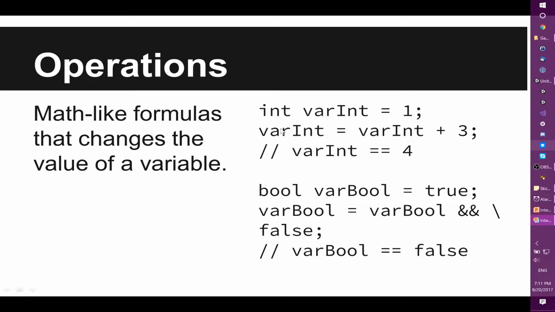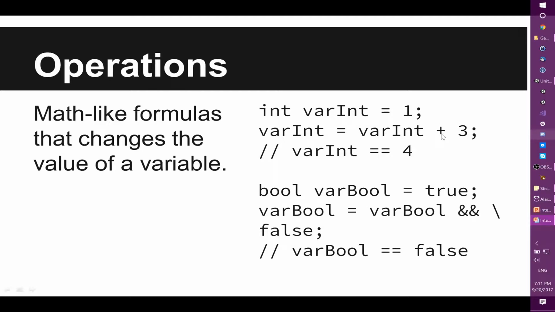In this case, I'm demonstrating by saying var int. We're declaring var int starting value as 1. And then we can say var int equals var int plus 3. A lot of mathematicians will laugh at this because this is a patently false statement. But in programming language, this is perfectly acceptable because how the computer interprets this is it says, okay, var int needs to be set by whatever the right value is.